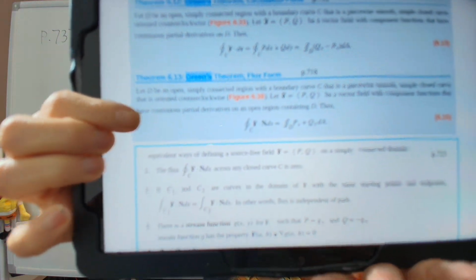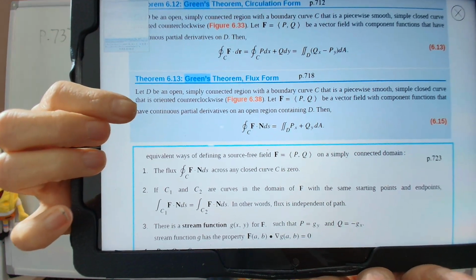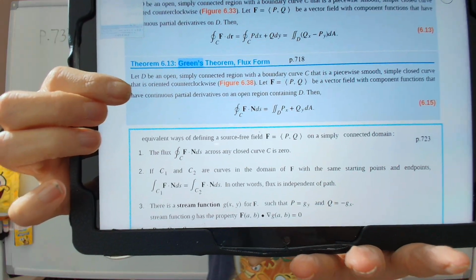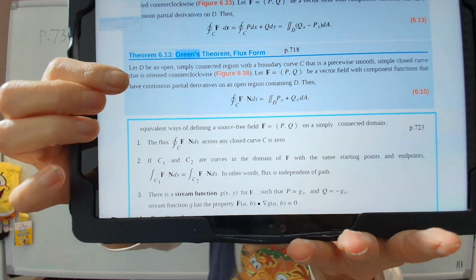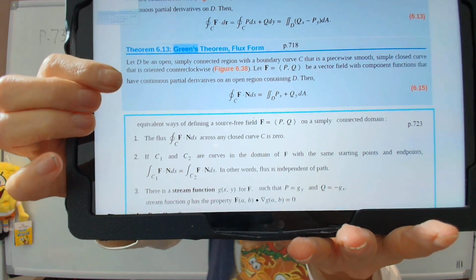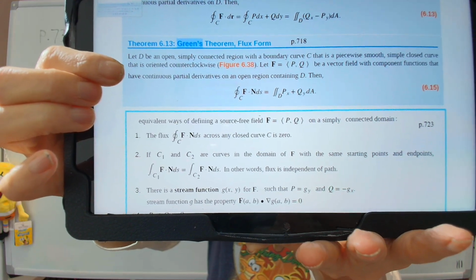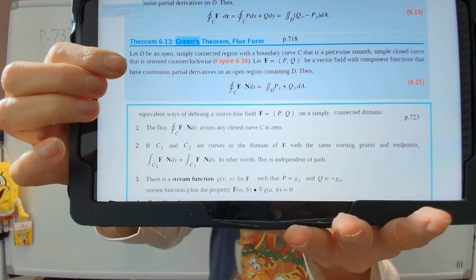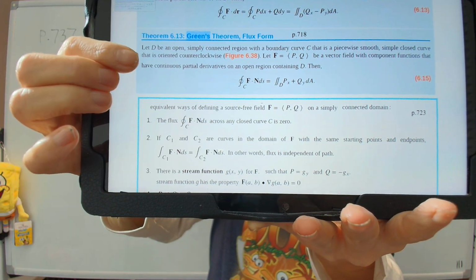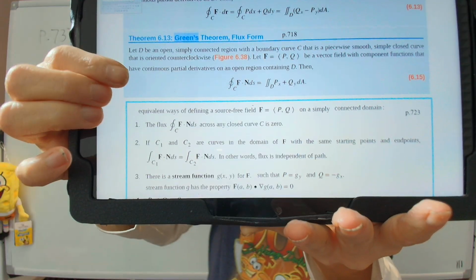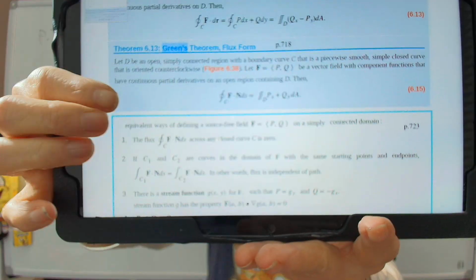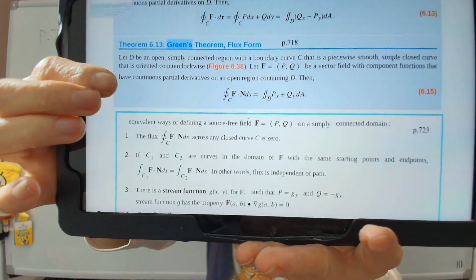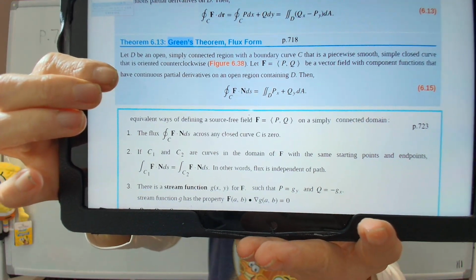Now the flux form looks similar to the circulation form, but it has a different definition. It's F dot n ds. Again F is in 2D, F is only P, Q. If that is the case, then the integral becomes Px plus Qy.